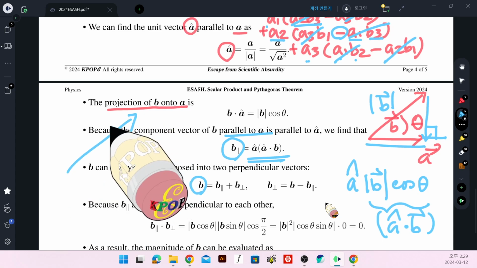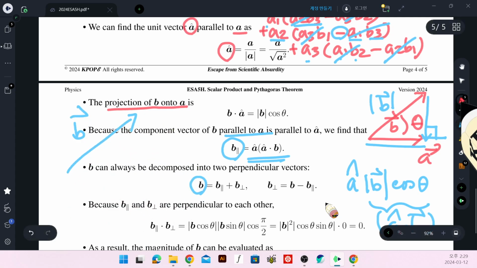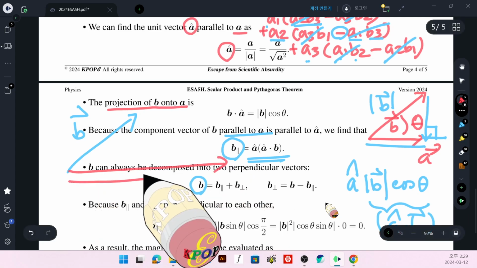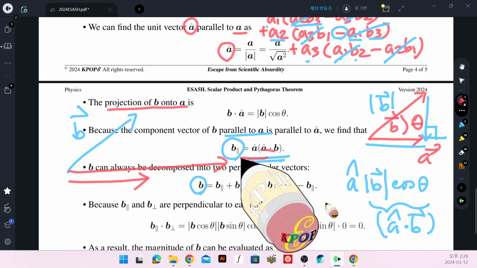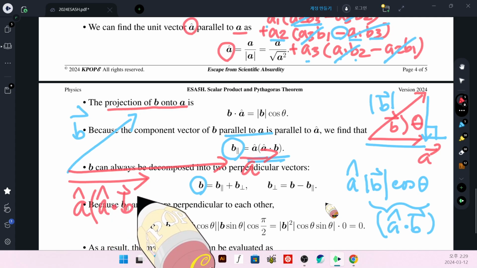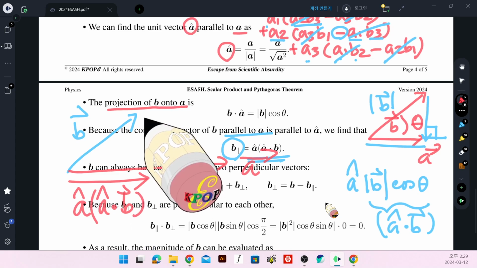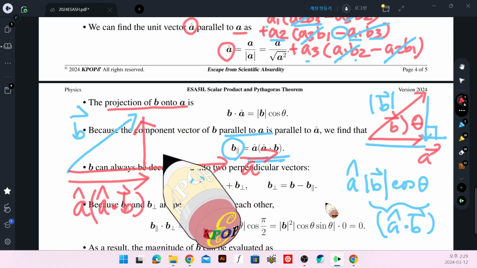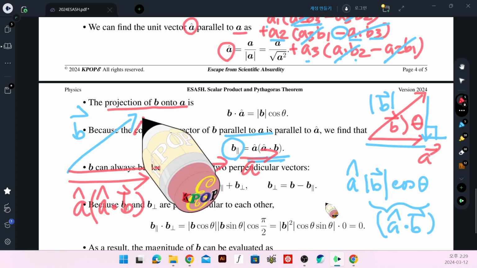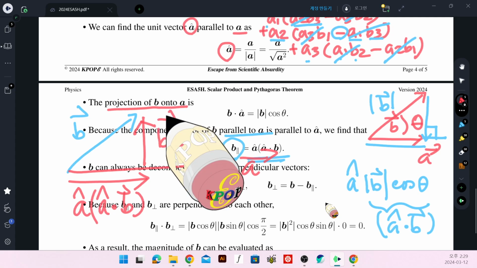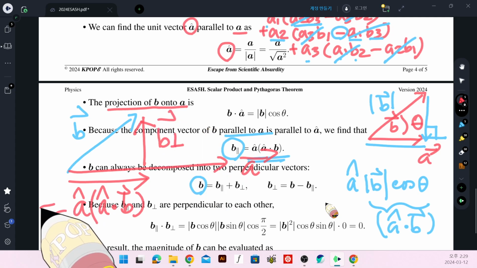We have the B vector, I have some A vector, and then I have a projection. This is a projection along the direction of A hat. And this one plus this one is B. We say this is B perp, and this is B parallel.